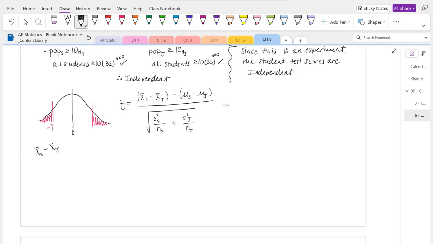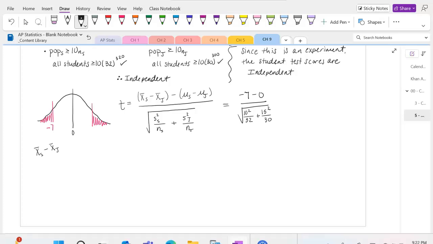Next up, you have your numbers. So you've got -7 minus 0 divided by the square root of 10 squared over 32 plus 15 squared over 30. And then from there, what we're going to do is use our calculator.